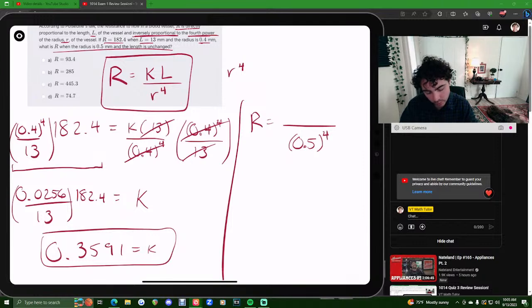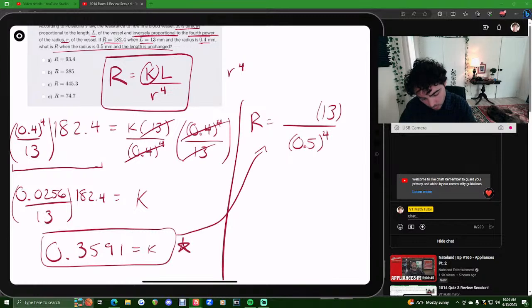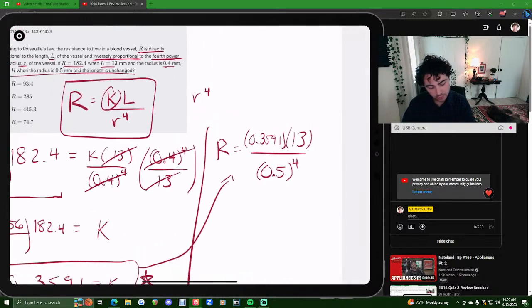The length before was 13. They told us that, so we just plug in 13 for L. And now we actually know what K is, so we just plug in K wherever K is supposed to be. So we have 0.3591 times 13 over 0.5 to the fourth.